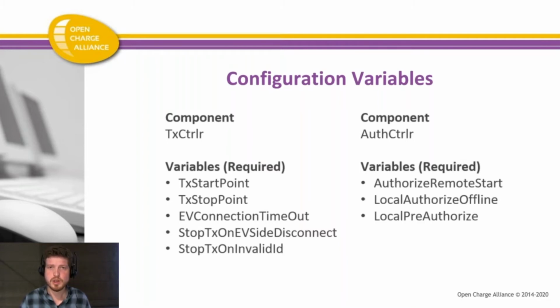And I've also listed all other required configuration settings, variables, which are linked to these components. I want to mention them briefly because these have impact on the transaction mechanism, and you have to be aware of that. There are also some optionals, which don't have to be implemented, but I also recommend to have a look at those.